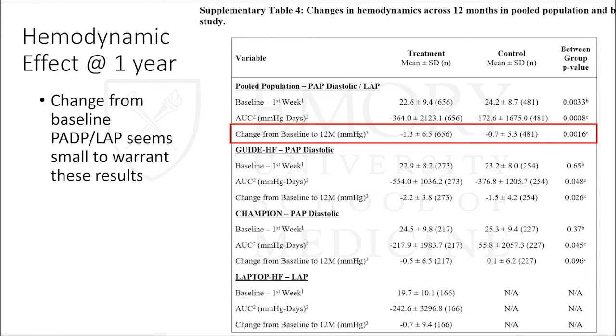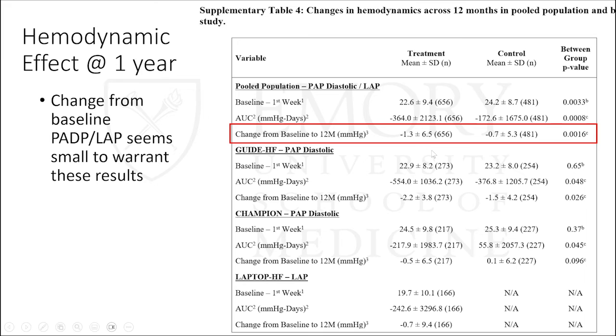Now, one other thing that was in the supplementals that I thought was really impressive was looking at the change from baseline, either PA end diastolic pressure or left atrial pressure over the gamut of the 12 months. It was impressive to me to see that while there was some significance in reduction between the treatment and control groups, it wasn't all that impressive.